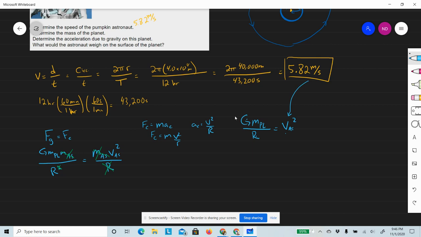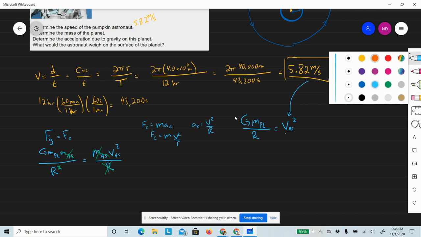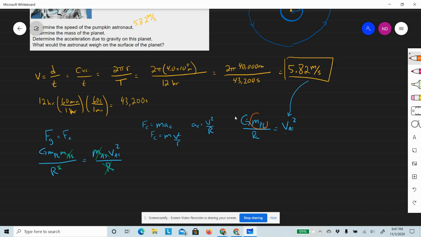Or to get the mass of the planet, right? So when we get the mass of the planet, that's what we want to solve for. When we bring G and R over here, basically we're going to invert and multiply.